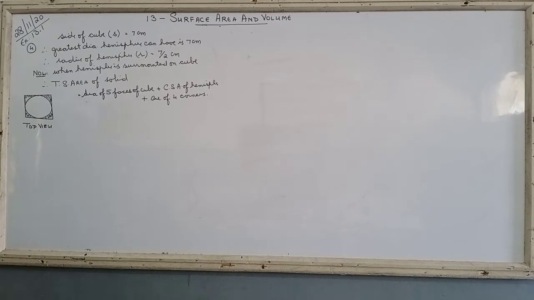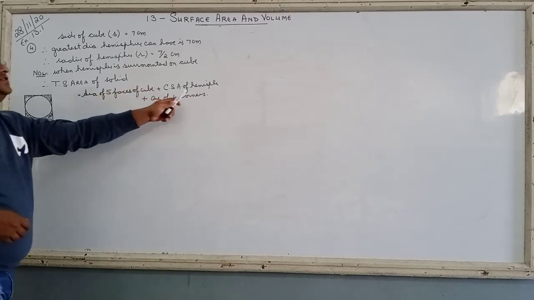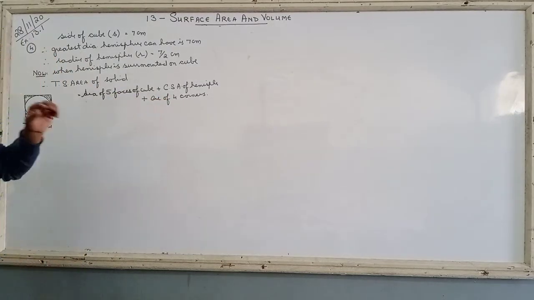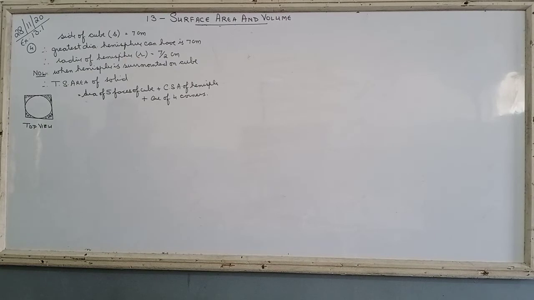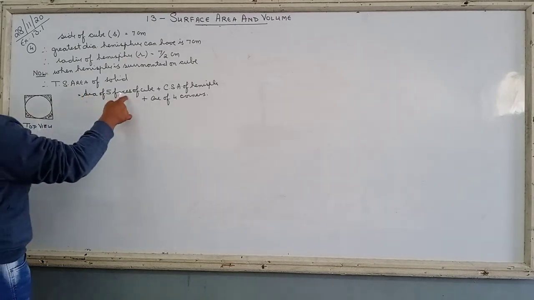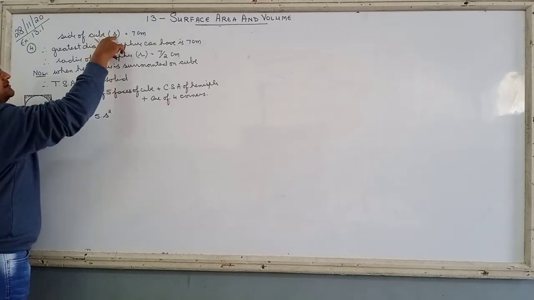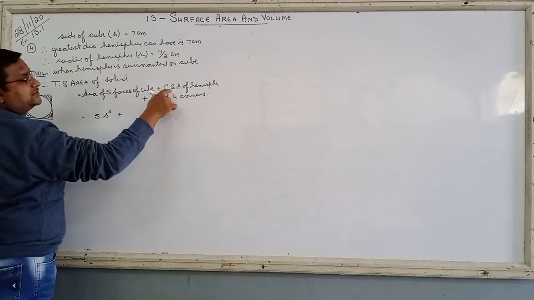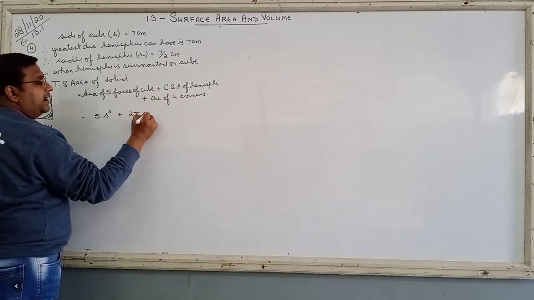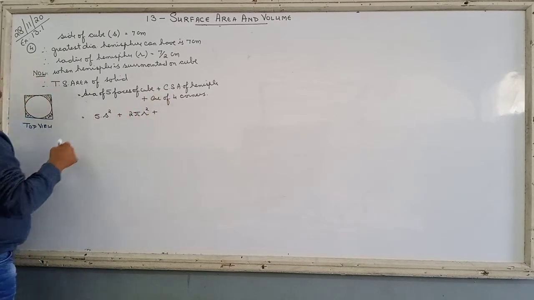This is important. This is what we miss. 5 faces of cube are visible, curved surface area of hemisphere is visible, but we miss the area of 4 corners. That is what we miss. So here, area of 5 faces of a cube, we know it is a square. So 5 into s square because the side is s, plus curved surface area of hemisphere 2 pi r square, plus area of 4 corners.